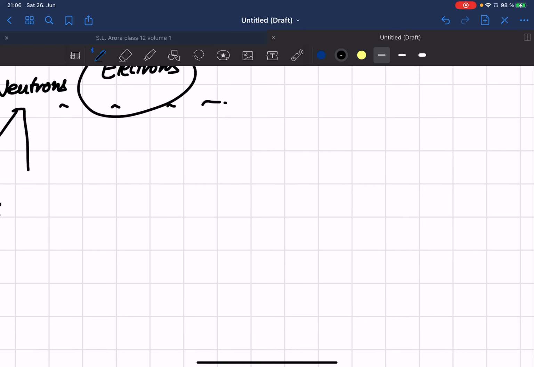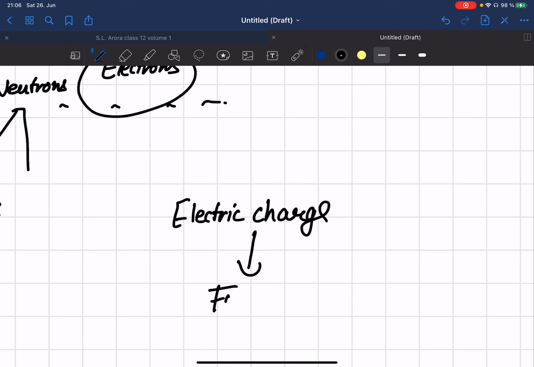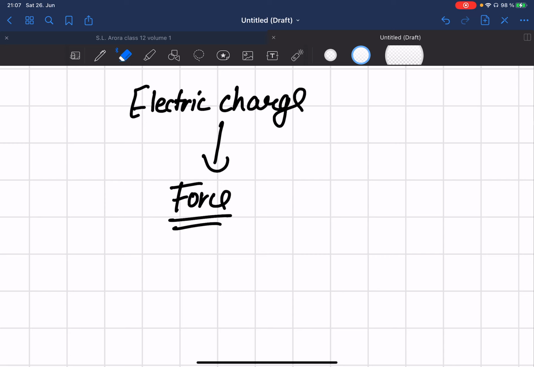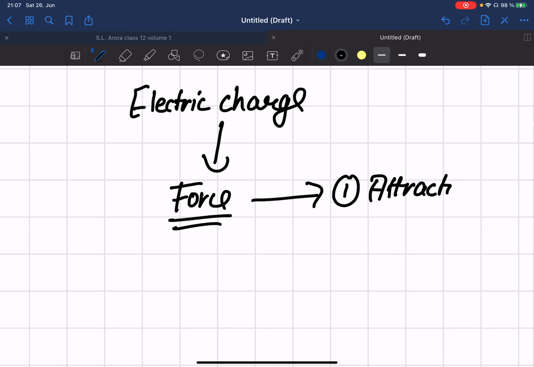So what can we conclude? Electric charge is responsible for bringing force. What kind of forces are these? We'll learn ahead, but you basically already know it: attraction, and the second is repulsion.